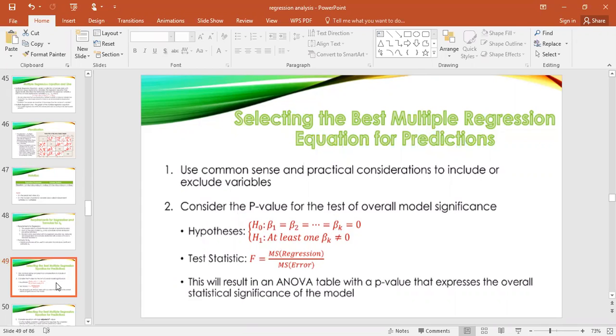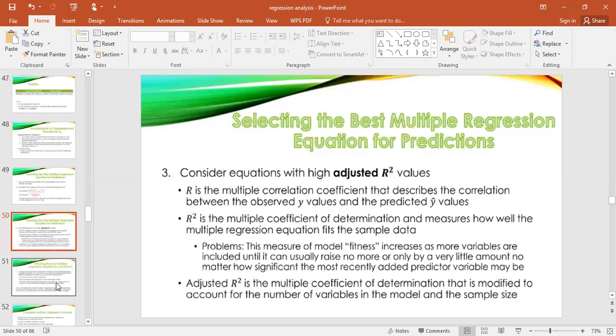Null hypothesis is beta1 equals beta2 equals betak equals 0, and alternate hypothesis is at least one betak is not equal to 0. Test statistic F is equal to MS regression divided by MS error. This will result in an ANOVA table with a p-value that expresses the overall statistical significance of the model.